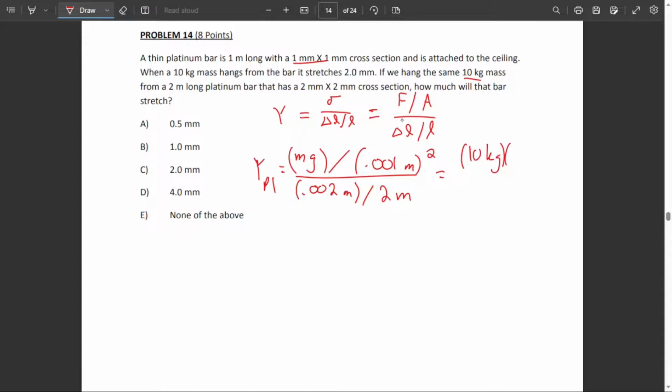We're just going to use 10 meters per second squared. Running out of space. Alright, plug this all in, we get a large number.